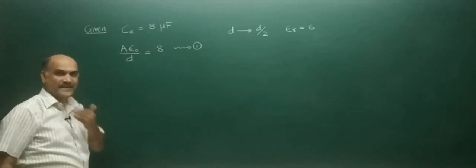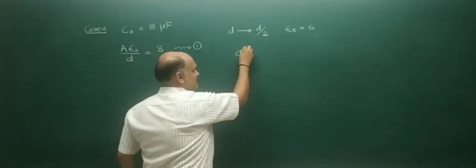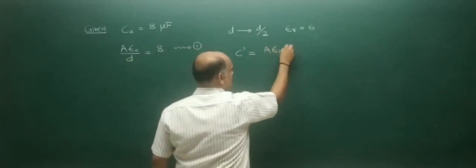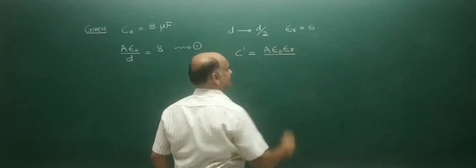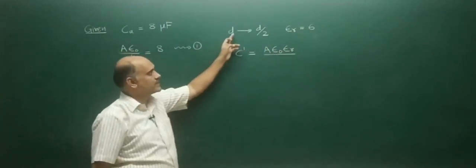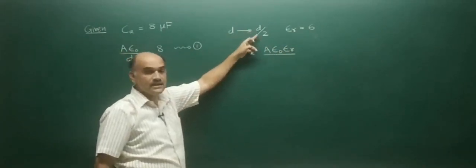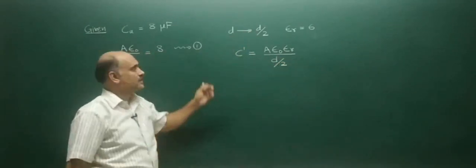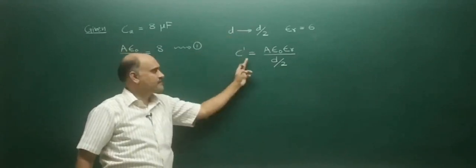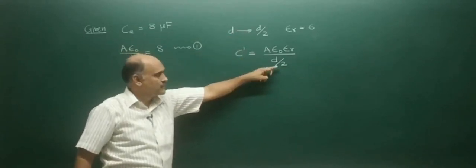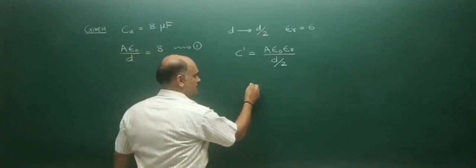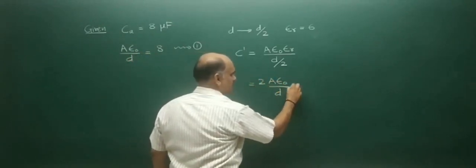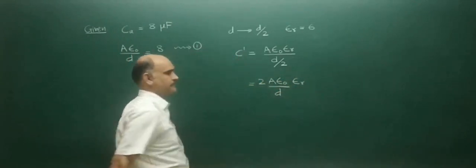So C dash will be equal to A epsilon naught into epsilon r divided by, instead of d, now the distance is d by 2. Since the distance is reduced by half, d becomes d by 2. So this 2 goes to the numerator, and you will have 2 A epsilon naught by d into epsilon r.